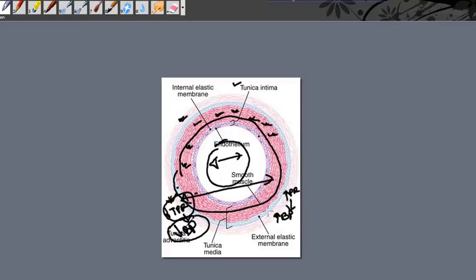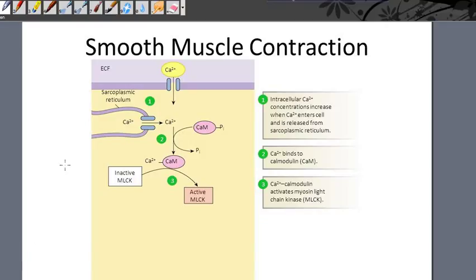Now let's see what is the mechanism of contraction of this smooth muscle of the tunica media of the arteriole, what is the role of the calcium channel, and how does a calcium channel blocker reduce blood pressure, right? So this is basically a smooth muscle of the arteriole, tunica media of the arteriole. You can see this is ECF, meaning extracellular fluid, and this is the cell membrane of the smooth muscle, and this is the cytoplasm of the smooth muscle, the cytosol.